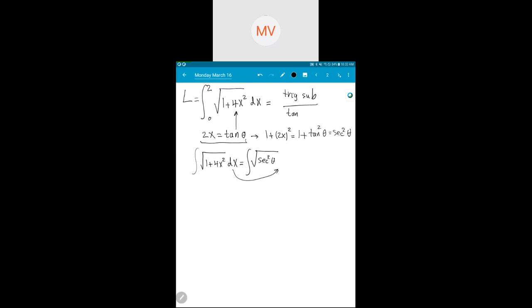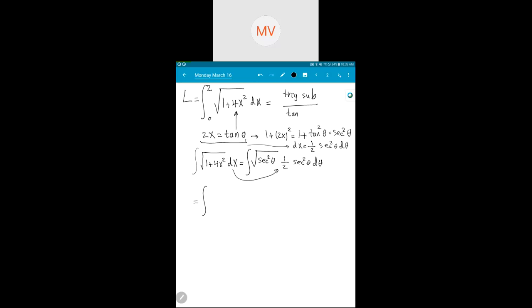As you can see, x is half of tangent, and if you do dx, it's going to be half of, what is the derivative of tangent? That's secant squared theta d theta. So we're going to have half secant squared theta d theta.